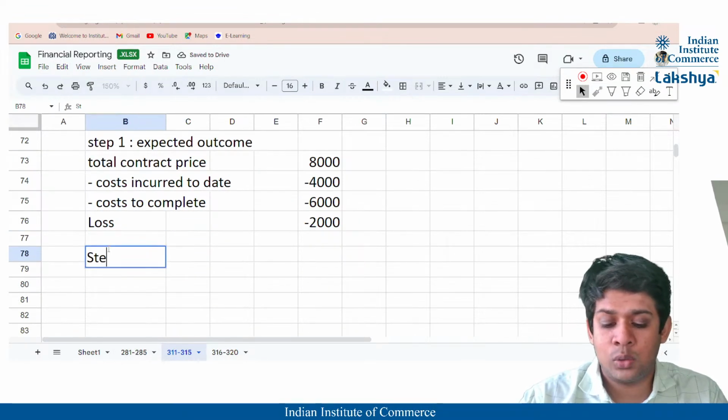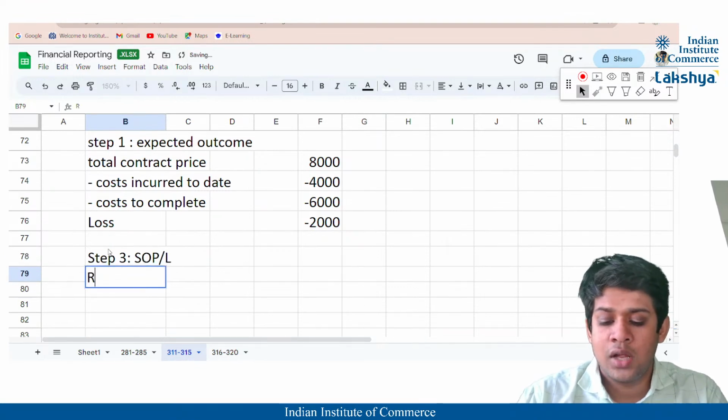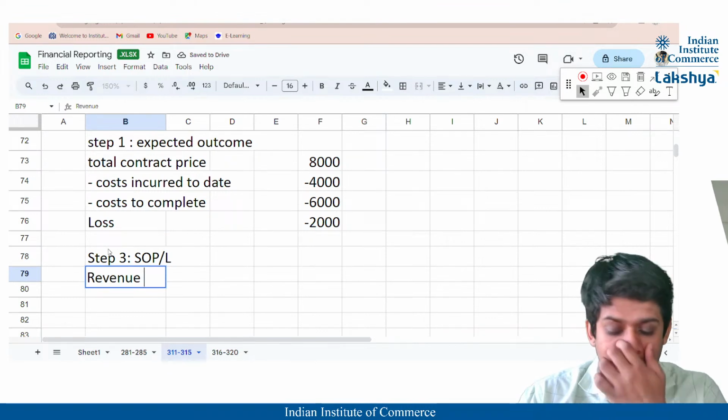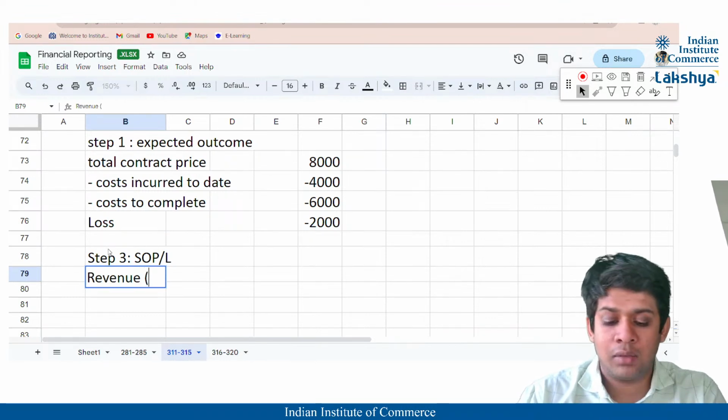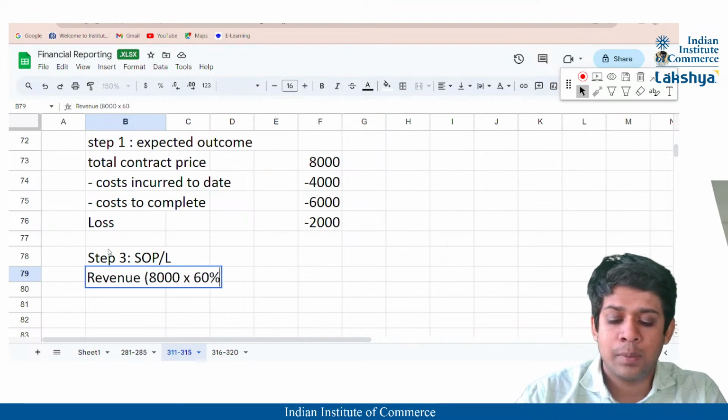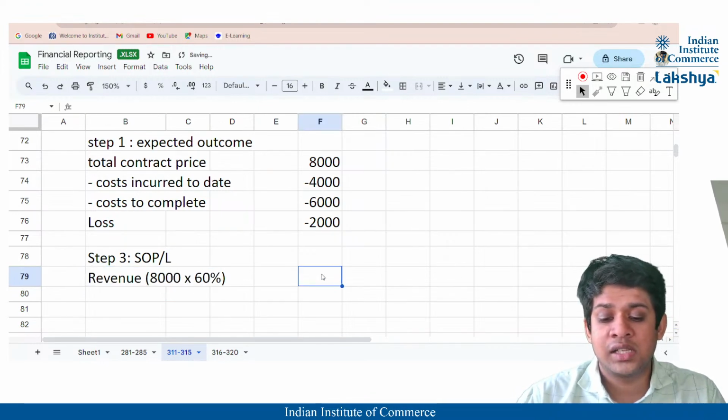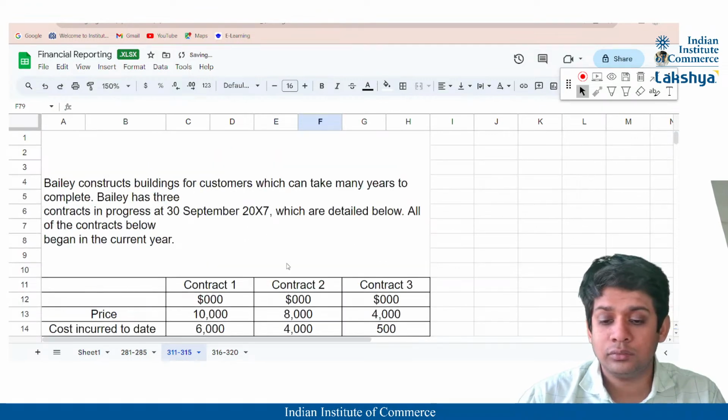Step 2 is already given to us, that is the progress percentage. So we'll directly calculate step 3, that is statement of profit or loss, where we will firstly recognize the revenue. Revenue will be nothing but 8,000, which is the total contract price, into the progress percentage of 60%. Right?